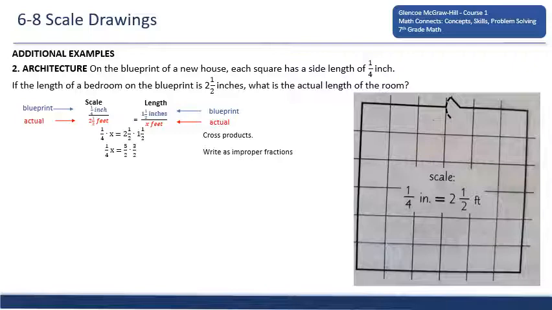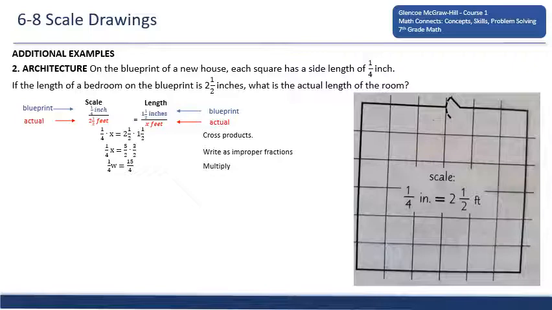We need to change everything to improper fractions so that we can multiply and divide, because when we're multiplying and dividing fractions, we cannot do mixed numbers. And now we're going to multiply, and we get 1/4 X equals 15/4. So now we need to get X all by itself.